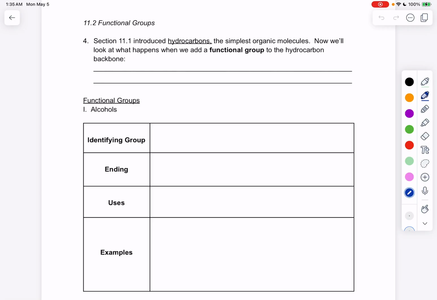All right, a functional group is an identifiable group of atoms that determine identity, properties, and usefulness of a hydrocarbon.